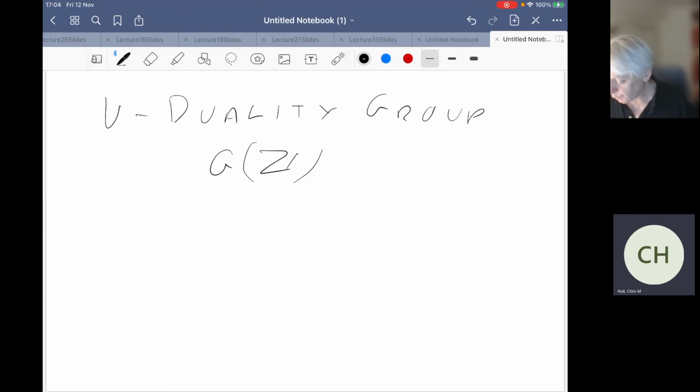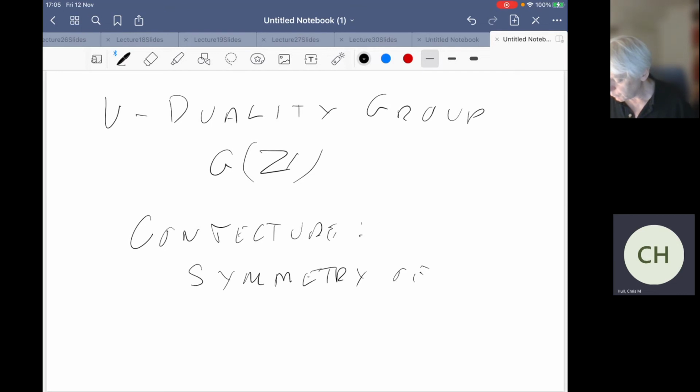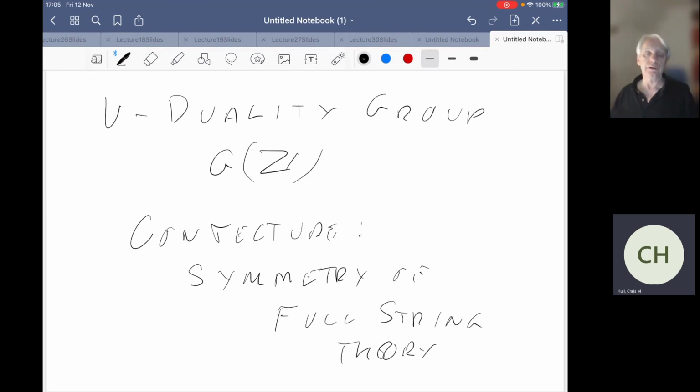So the conjecture that was made was that this is in fact a symmetry of the full string theory. And that is indeed what has been found.